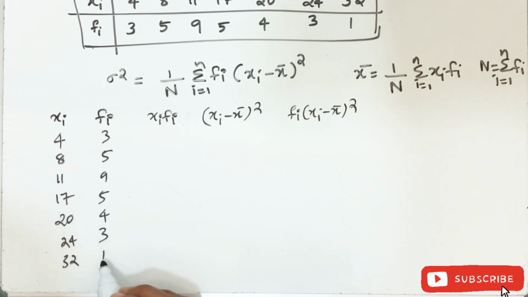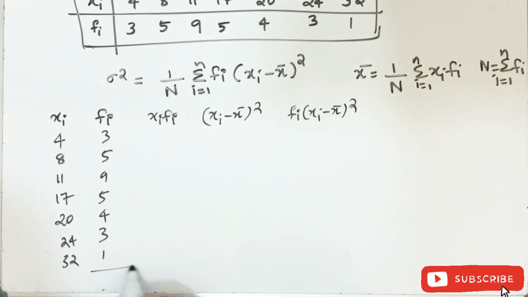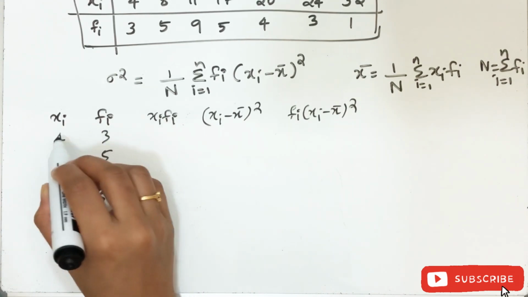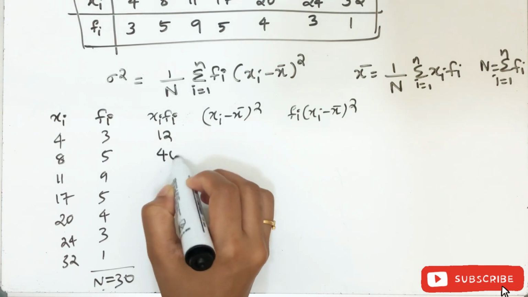We know capital N is equal to sigma Fi. Find this sum. It will be equal to 30. N equal to 30. Now xi into Fi, that is this column into this column. 4 into 3, 12. 8 into 5, 40.